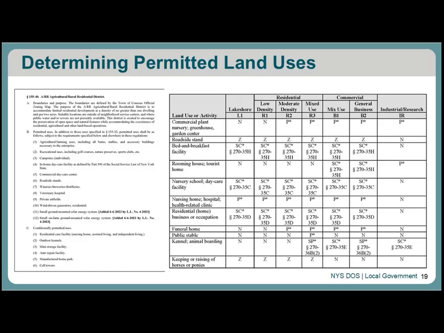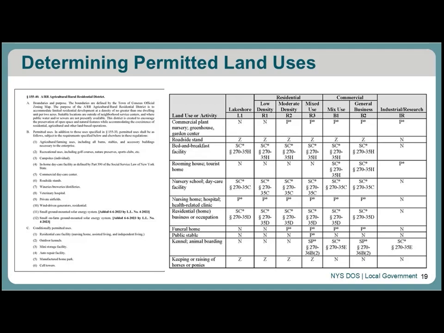And then there'll be a list of those as well. There might be some additional language, cross-references to other provisions related to some of these uses in those lists, but there would be a list for each zone.